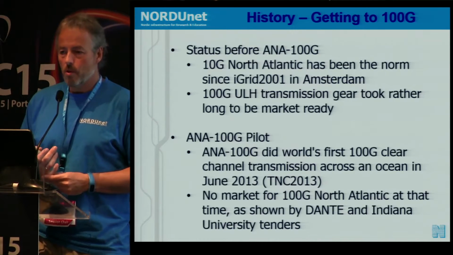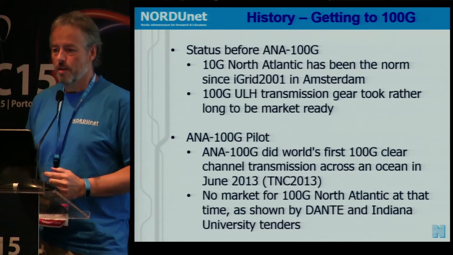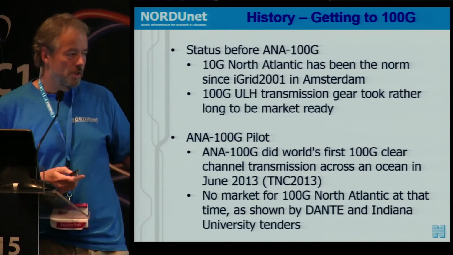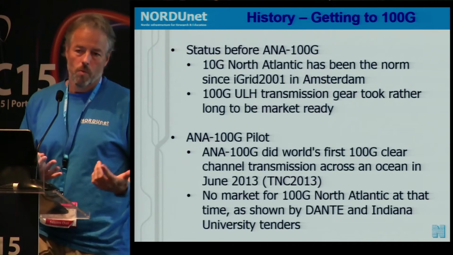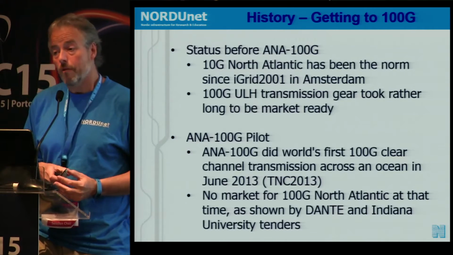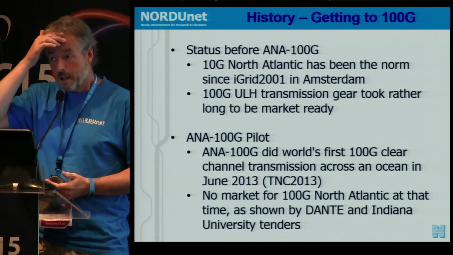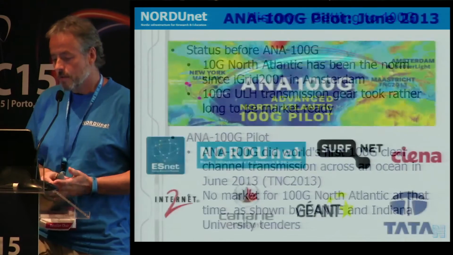Well, no can do, because the marketing department, the product department, had not gone through all the hoops. So that was not a way forward. Dante tried it, Indiana University tried it, to do tenders, and what they got back was what we were fearing: 9 times the price of a 10 gig, roughly speaking. So that was not really an advantage to move into the 100 gig space.